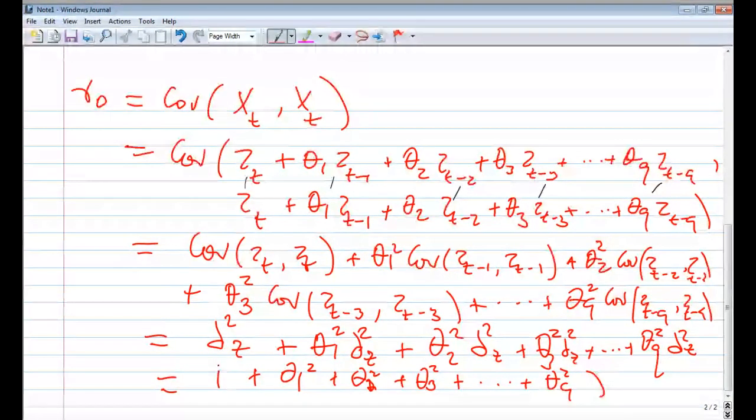Then you close the brackets. You see? So now our gamma 0, which is equal to the curve of xt, is equal to 1 plus theta 1 squared plus theta 2 squared plus theta 3 squared up to theta q squared, sigma squared z.